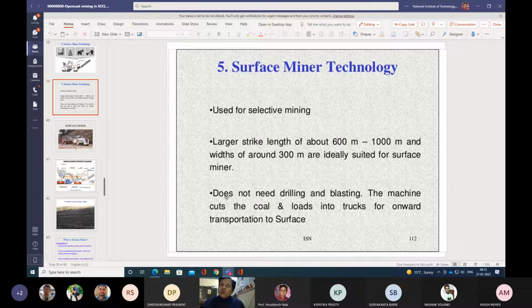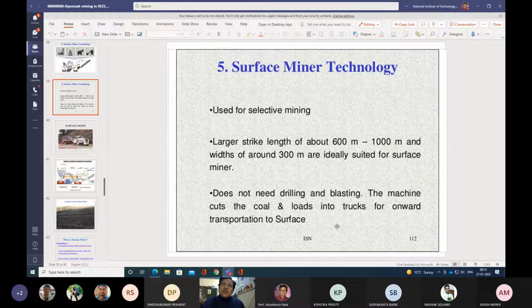Because you do not need drilling and blasting if you are using this technology, which is called surface miner technology, the surface miner machine cuts the coal into the trucks for onward transportation to the surface.